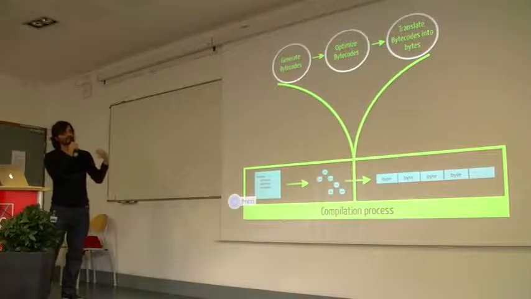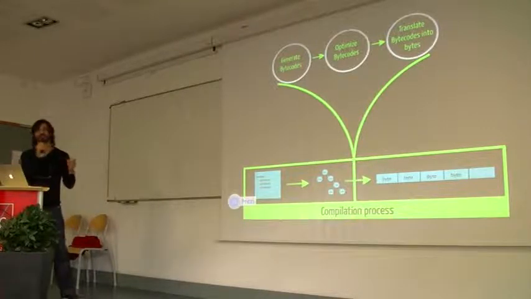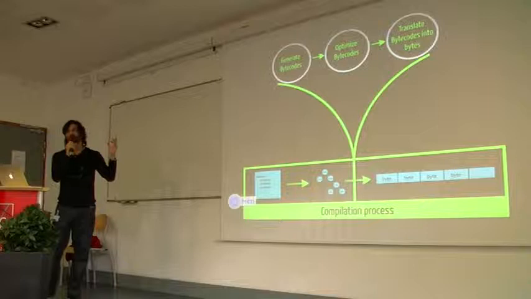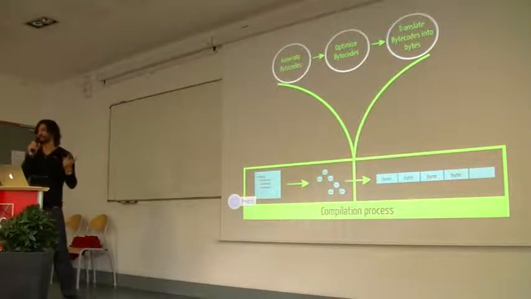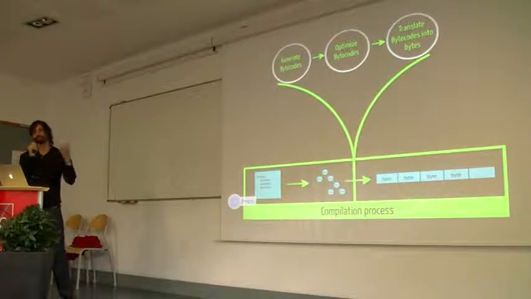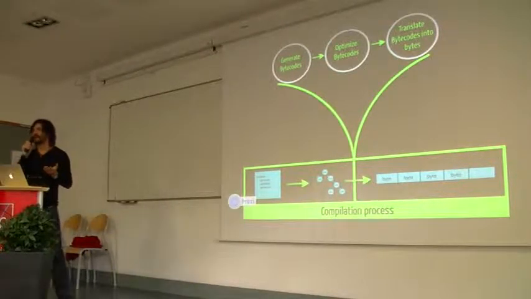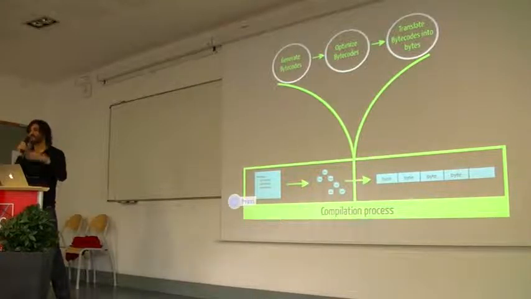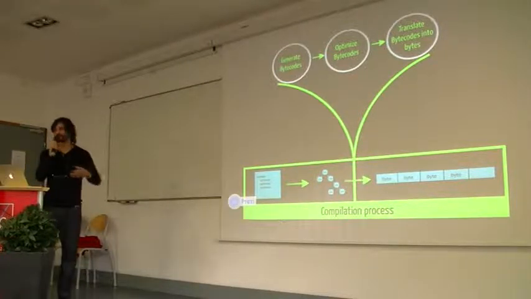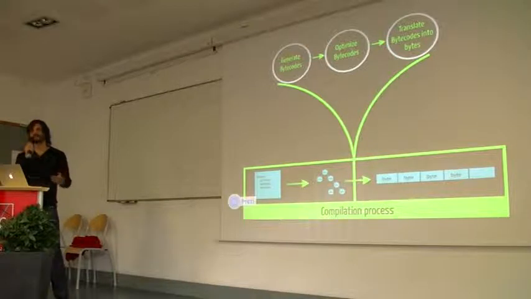And in the second place, we try to reuse instances of bytecodes that can be reused. For example, think about, I don't know, load nil. Load nil is a bytecode that can be reused in every compilation because it has no parameters.